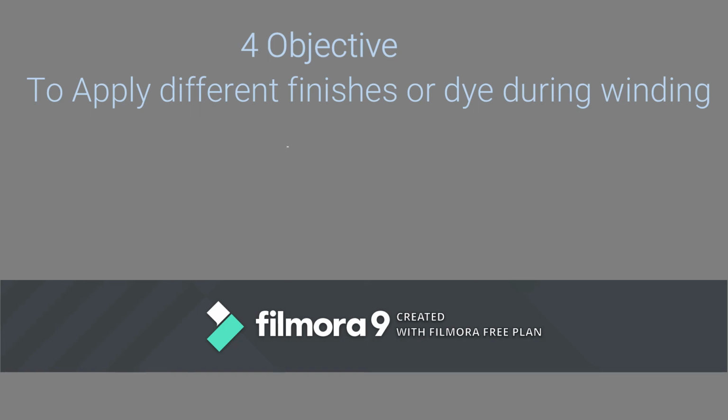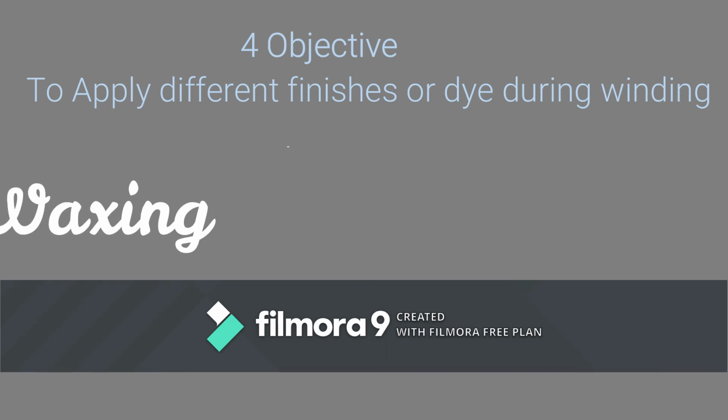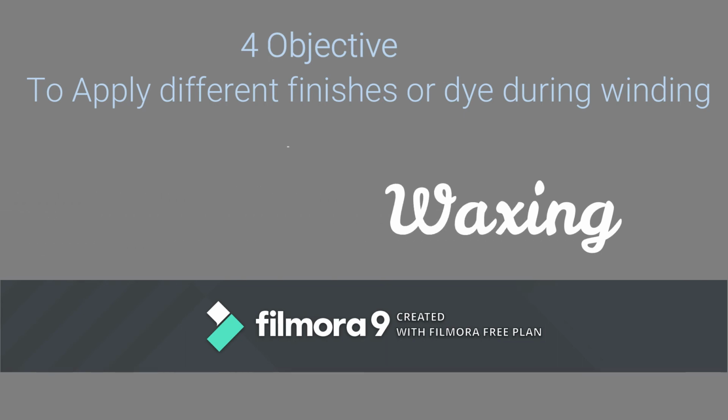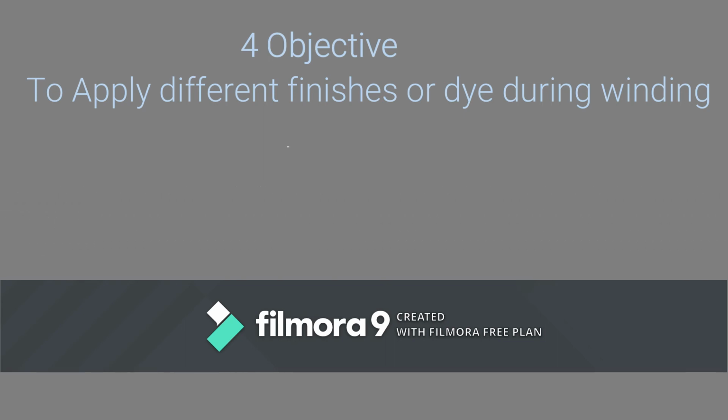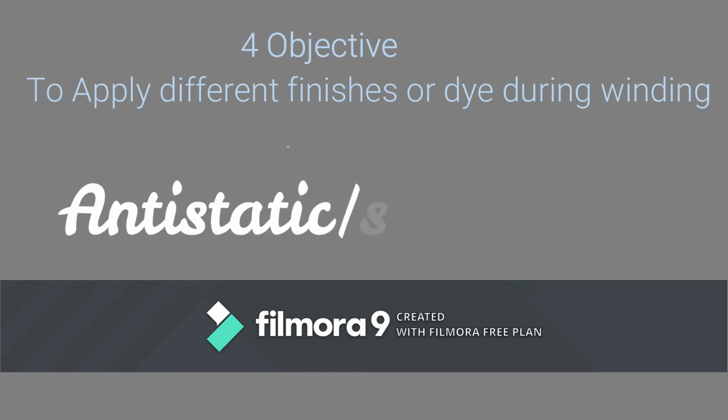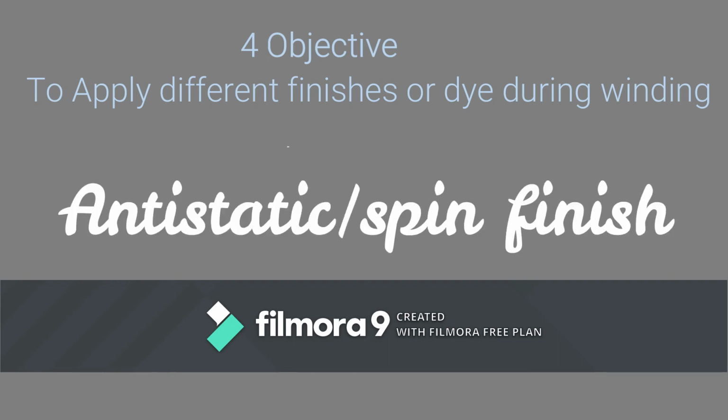In case of synthetic yarn, we do waxing or apply anti-static agent or spin finish to the yarn. Static charge develops due to friction when synthetic yarn passes over a metallic surface, which creates a problem in a subsequent process.